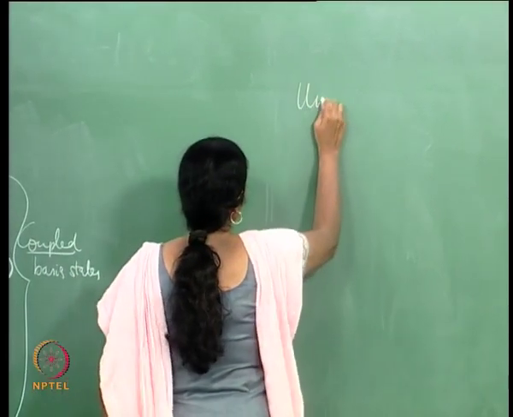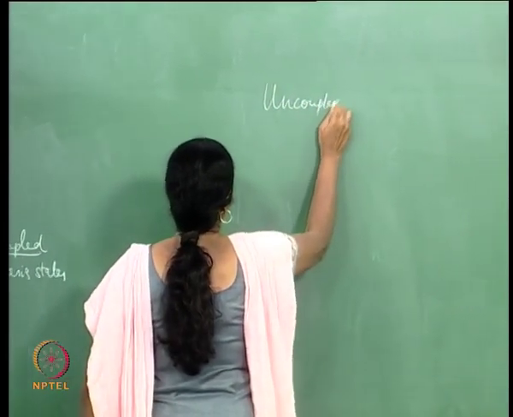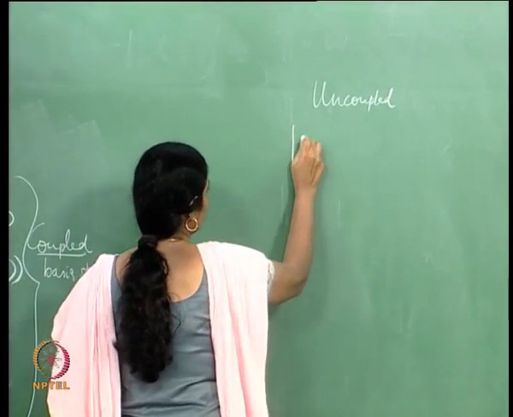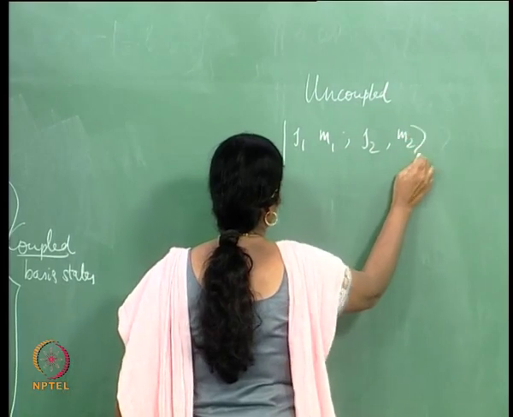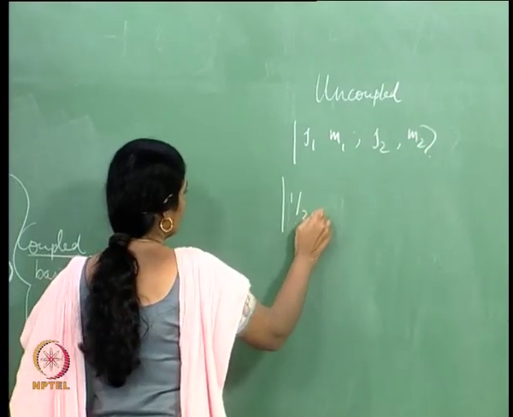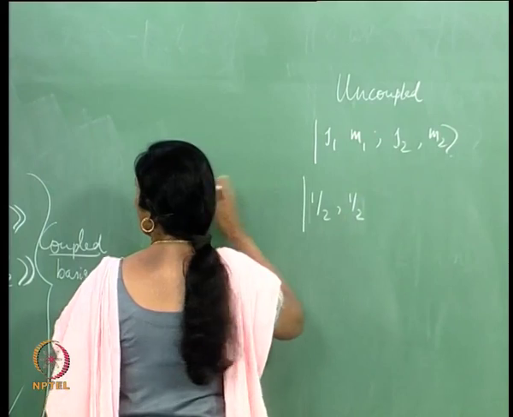Now, the uncoupled basis, that is J1 M1, J2 M2. I have half half combining with 1.